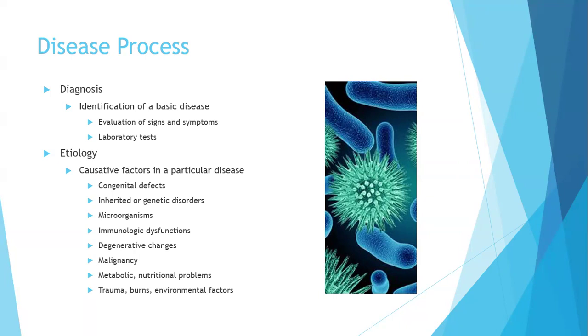Arthritis is a good example of degenerative changes, or degenerative disc disease, malignancies, which are tumors, metabolic or nutritional problems, and trauma, burns, or environmental factors. So lots of different things could cause disease, and part of the process of diagnosis is figuring out what caused the disease.